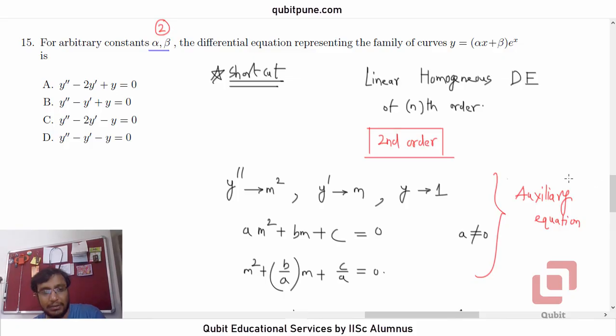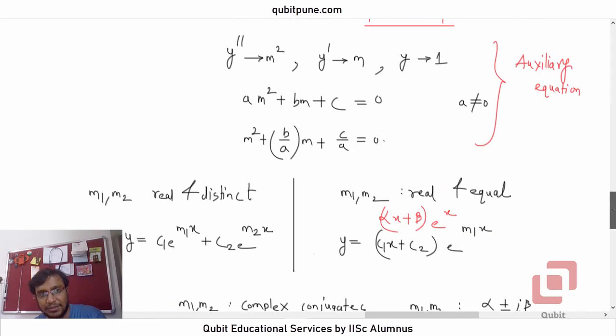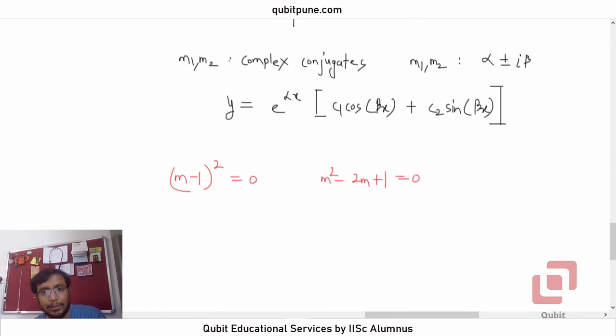So it has repeated roots, and therefore that equation becomes (m minus 1) squared equal to 0, or m squared minus 2m plus 1 equal to 0. Now use the back substitutions. y double prime for m squared, y prime for m, and y for 1.